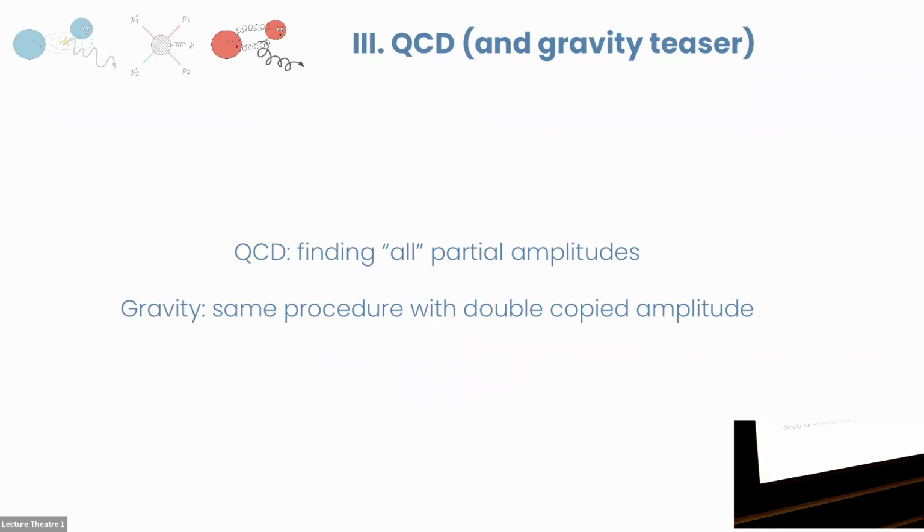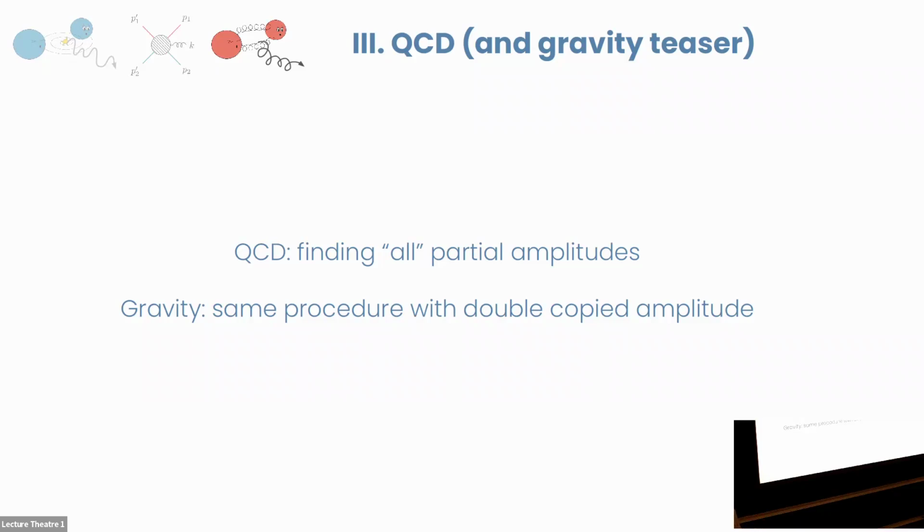So what I showed you now was we set up the QCD waveform. The partial amplitude that I showed you was secretly a QED amplitude. But we can find the full QCD waveform by calculating the other partial amplitudes.